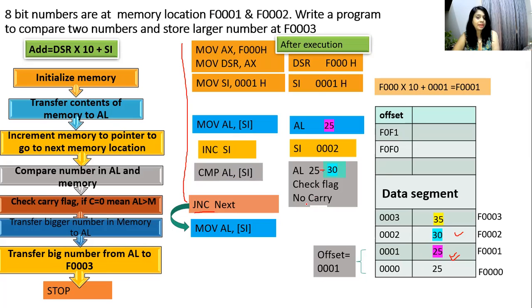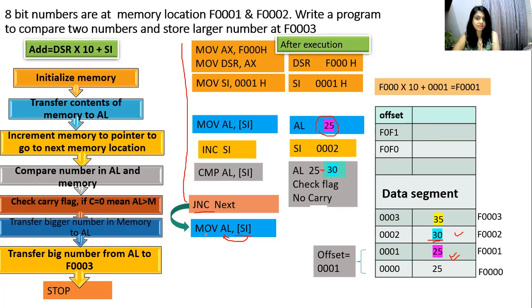Now carry is generating. That means the number in AL is smaller and the number in memory is bigger. As we have assumed, we will always keep the bigger number in AL. So we will transfer the bigger number which is in memory to the AL register.